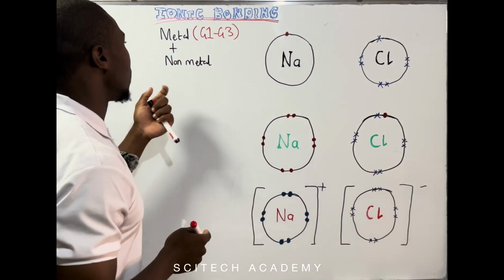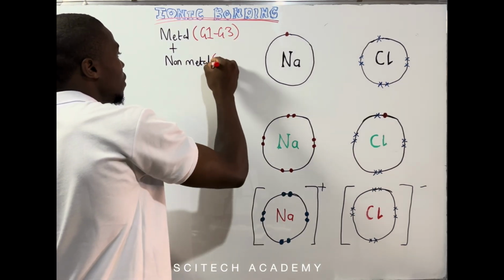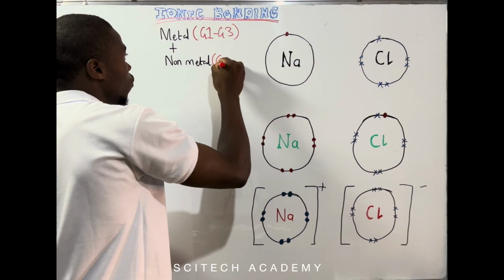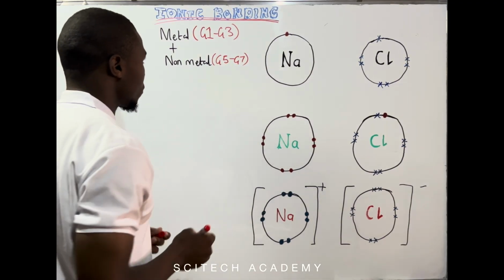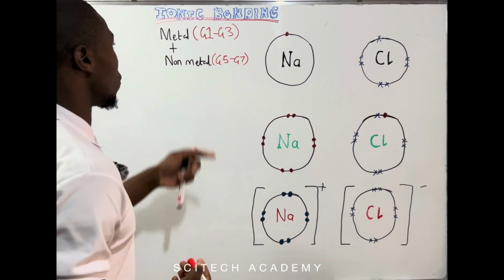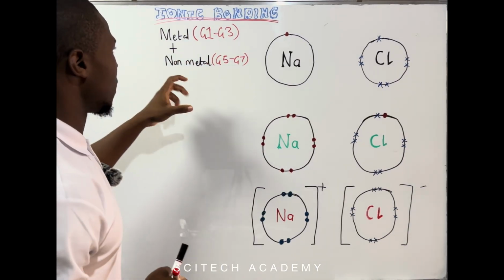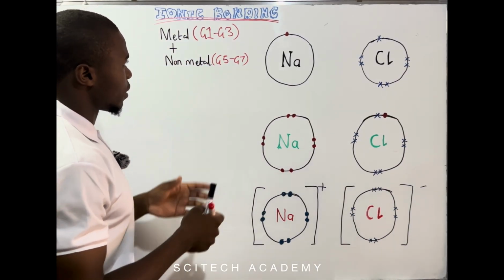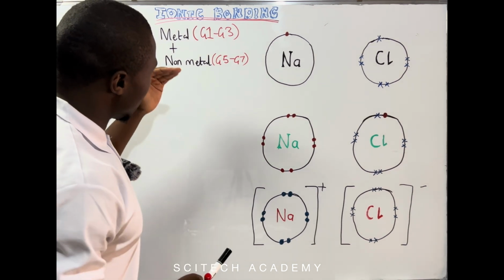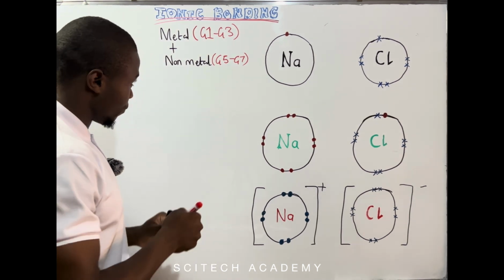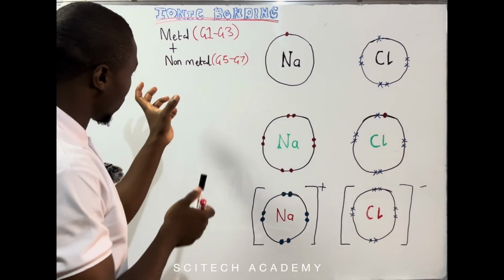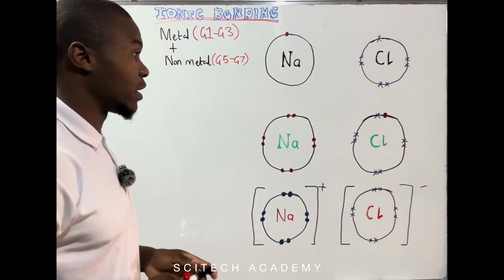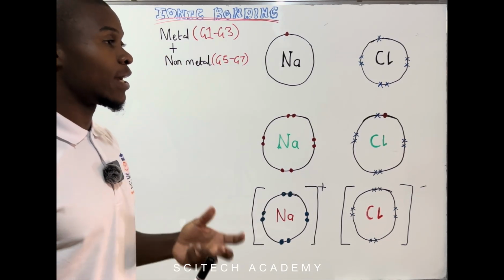And non-metals range generally from group 5 to group 7. What this simply implies is that the way a metal operates is different from the way a non-metal operates in terms of electrons.